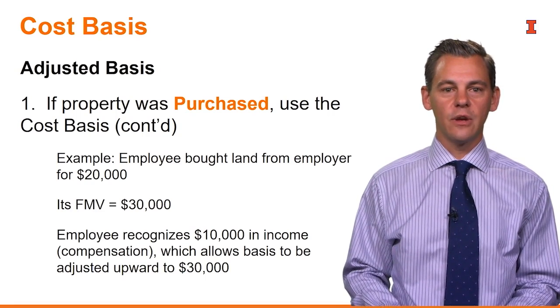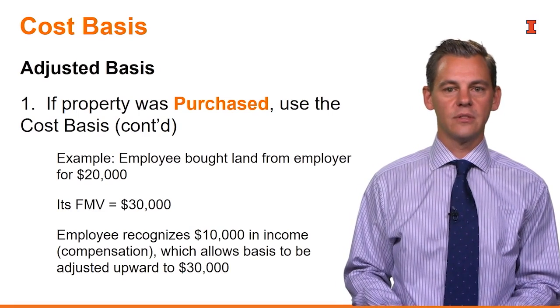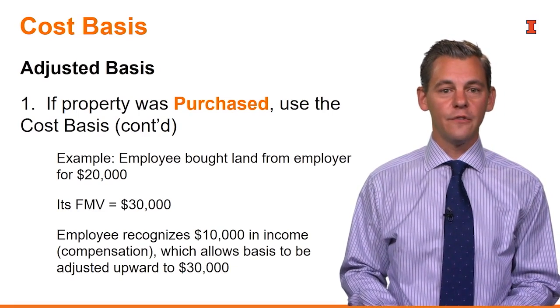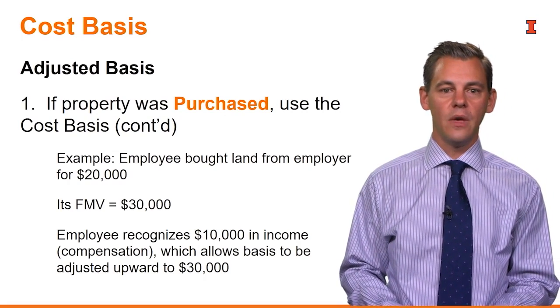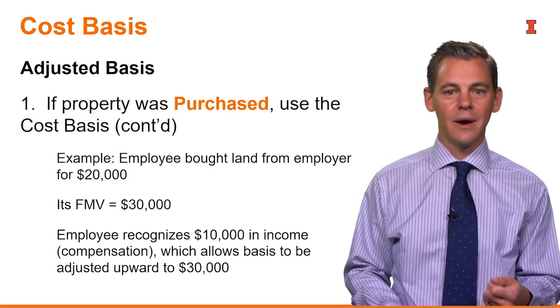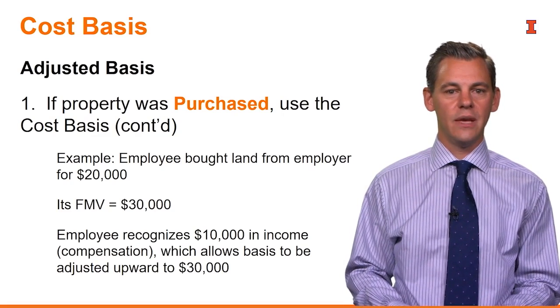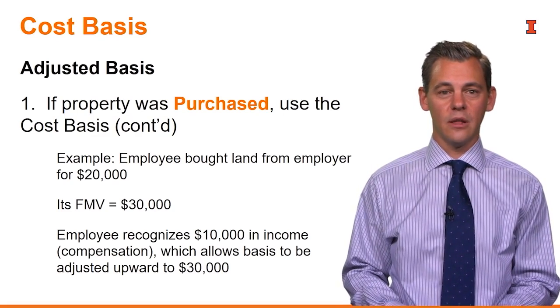This recognition of income allows the land's basis to be adjusted upwards to $30,000. So if in the future, let's say the land is sold by the employee for $100,000, the gain will be $70,000, or $100,000 minus the $30,000 adjusted basis, and not the $100,000 minus the $20,000 price paid.